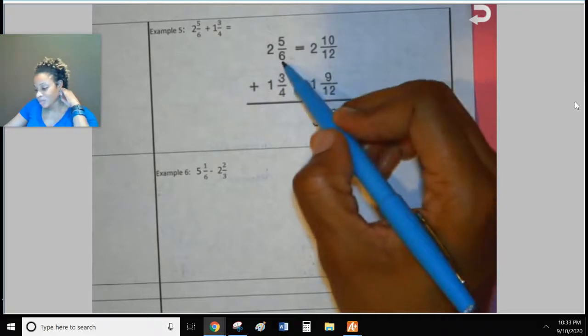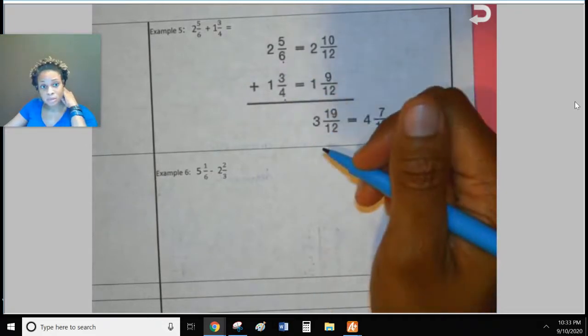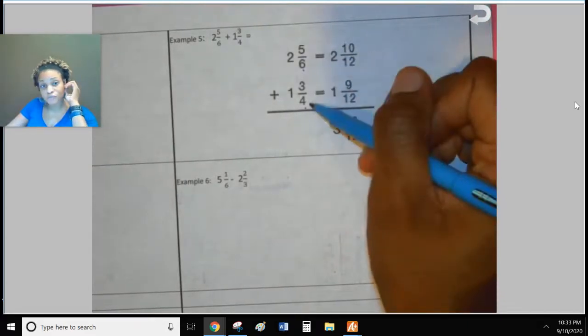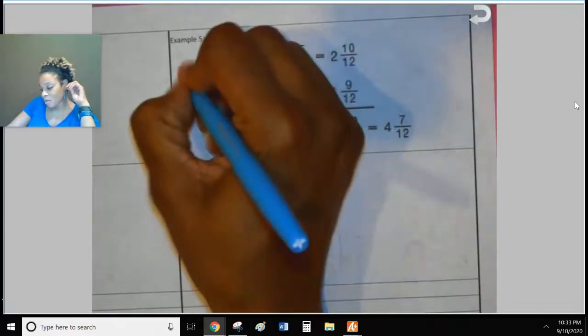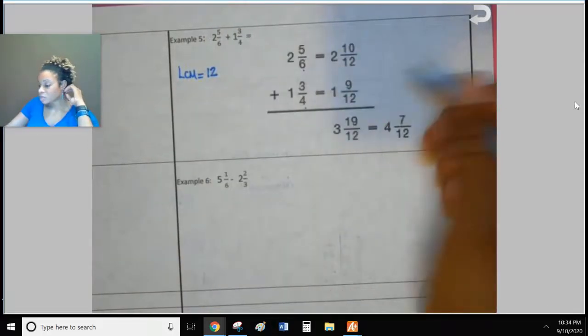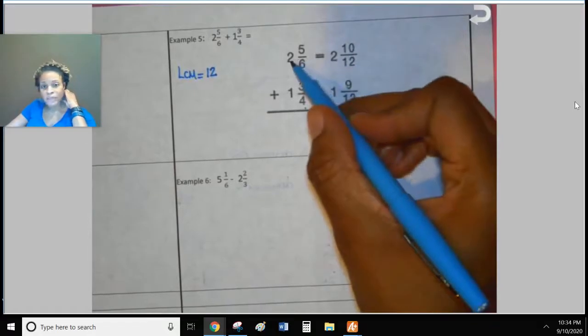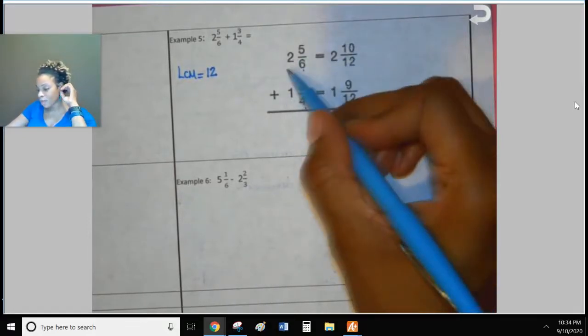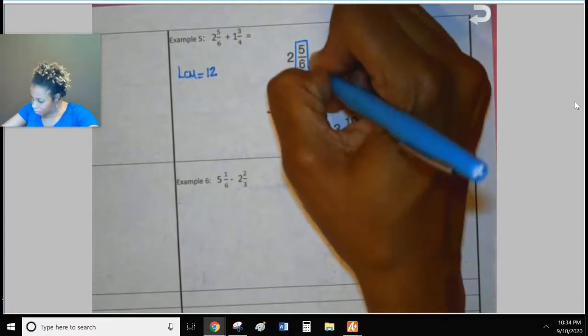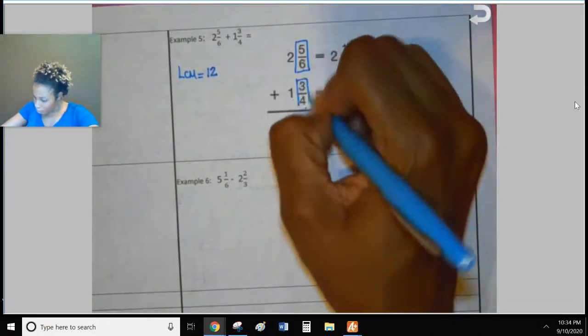They realized that these were not common denominators. They listed out their factors for 6 and 4. They found that the LCM was 12. Okay, so then they brought the whole numbers over. So the 2 came over, the 1 came over.